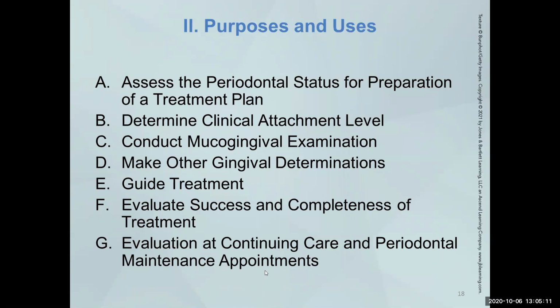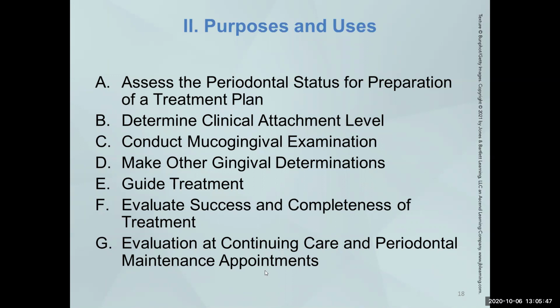But you want to assess the periodontal status to create a treatment plan and educate the patient on what they need. You need to determine the clinical attachment level. Remember those numbers we were talking about? You've got your visible recession, your invisible recession, and how much attachment is really there around the tooth. You're conducting a mucogingival examination. You're measuring where that mucogingival line is, entering that into the computer, and making other gingival determinations.